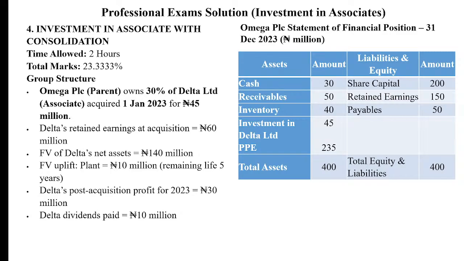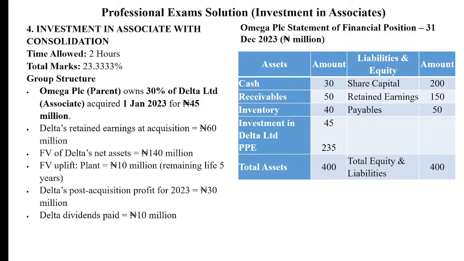So we have Omega statement of financial position at 31st December 2023, in millions. I've stated my assets first. This is because these things are in pages, so I copied the asset first before I copied the liability side of the equation. I'm not doing a T account.